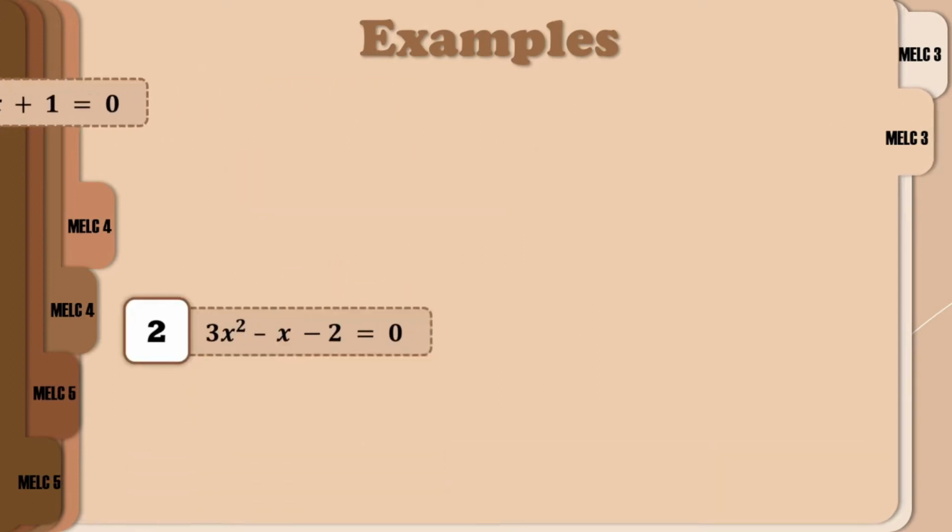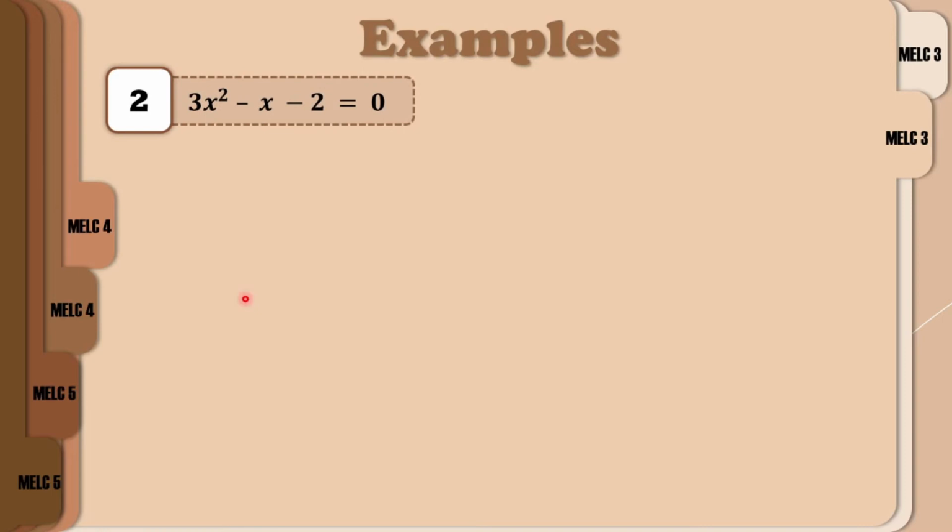Next, let's proceed to example number 2, which is 3x squared minus x minus 2 is equal to 0. So, first step, hanapin natin yung value ng ating a, b, and c. Katulad din ng first example. So, our a, the coefficient of our quadratic term, that is 3. Our linear term, coefficient ng ating b is negative 1.